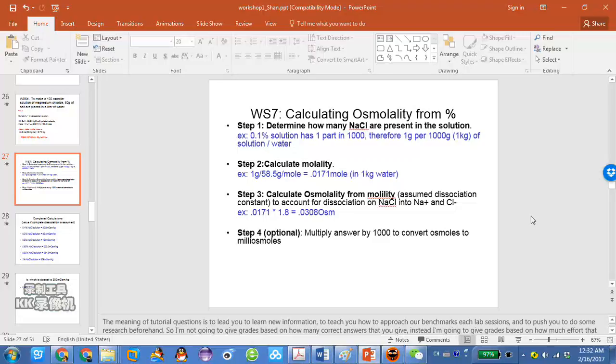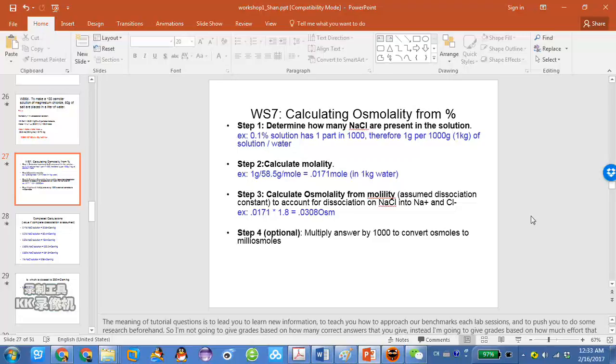It means we have 0.1 gram of NaCl in every 100 grams of solution. That is equivalent to 1 part in 1,000, right? Therefore, we should have 1 gram of NaCl in every 1,000 grams of solution. That's 1 kilogram of solution.